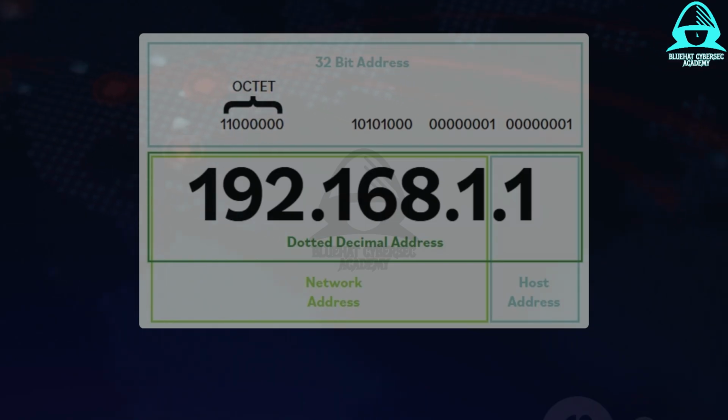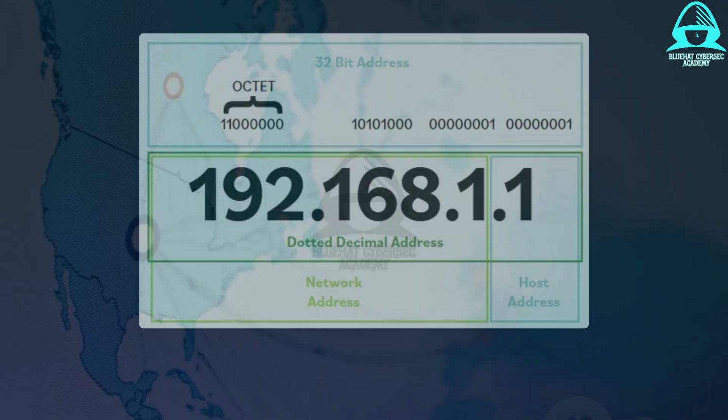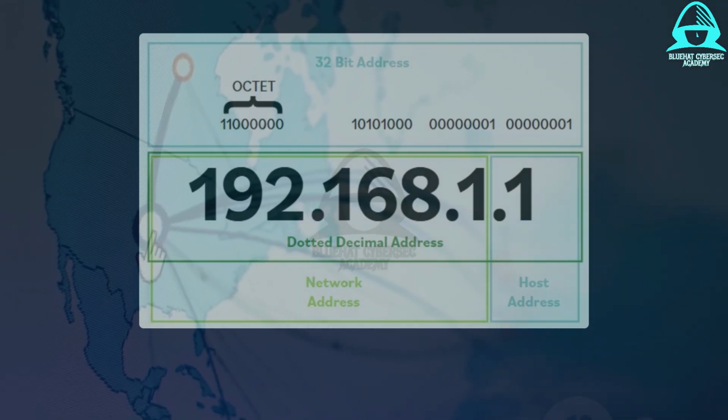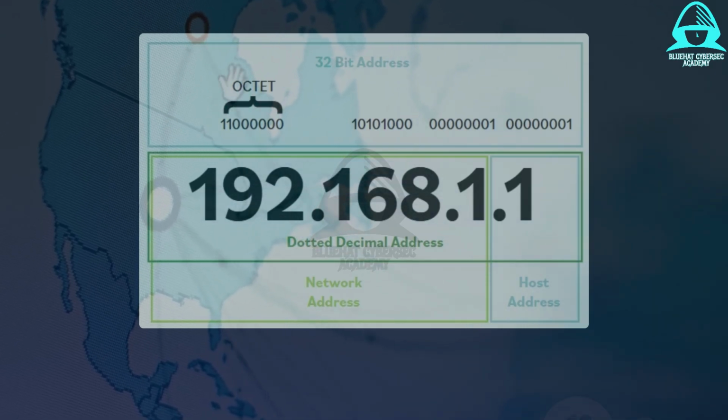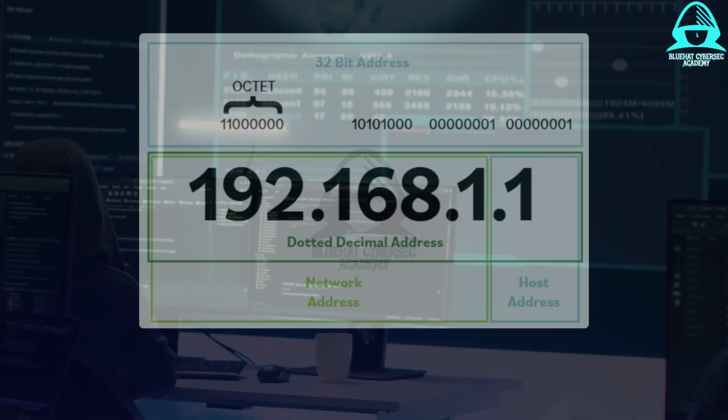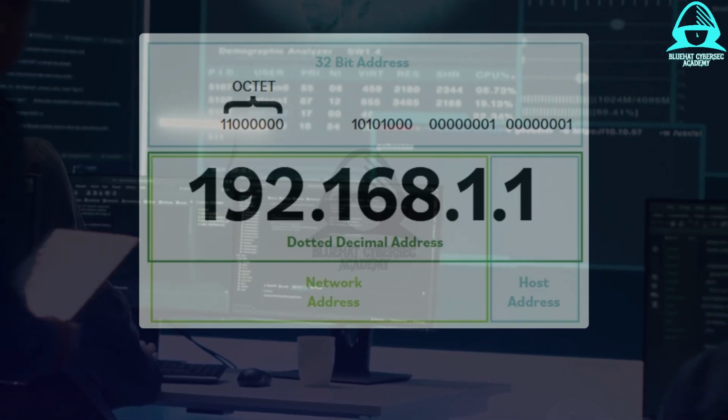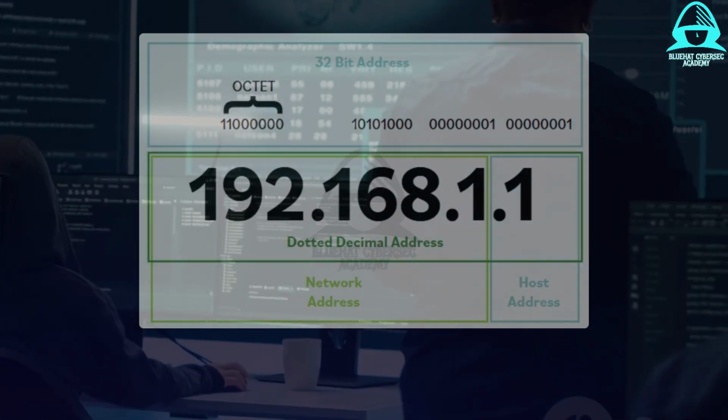The network number, assigned by an external organization such as the Internet Corporation for Assigned Names and Numbers, or ICANN, represents the organization's network, while the host portion represents the network interface within that network. To ease network administration, networks are typically divided into subnets.